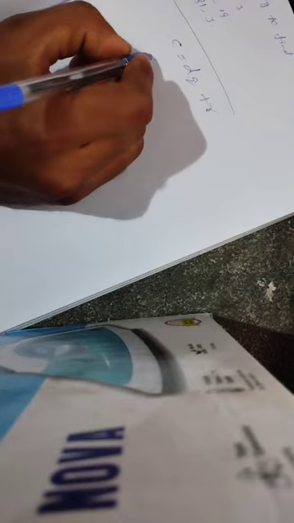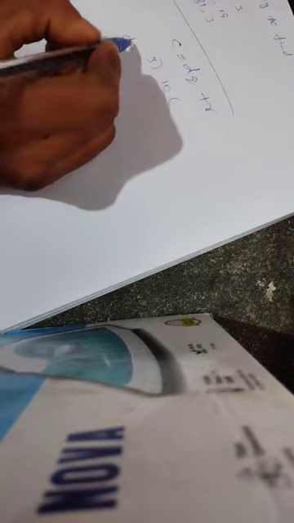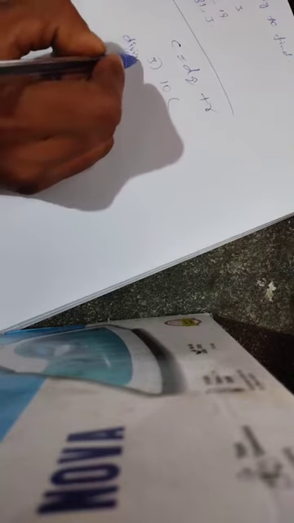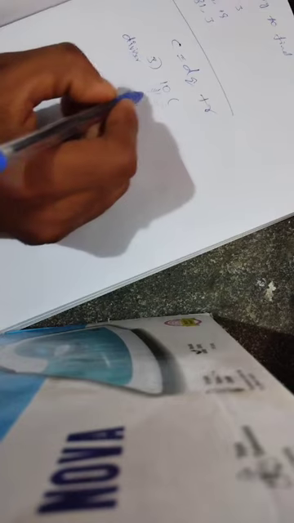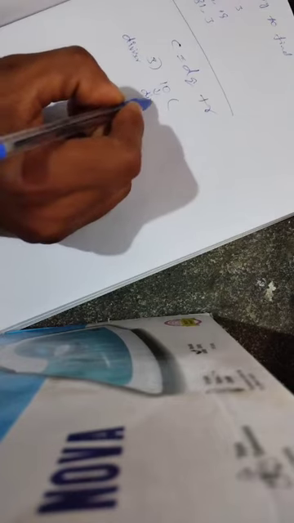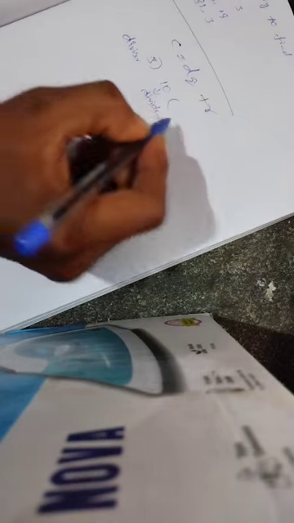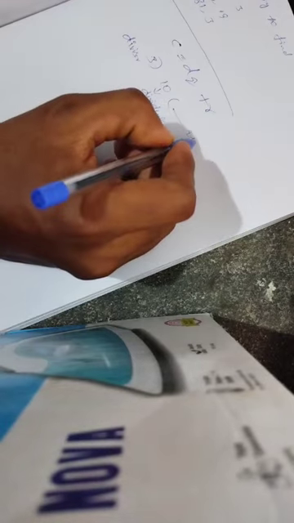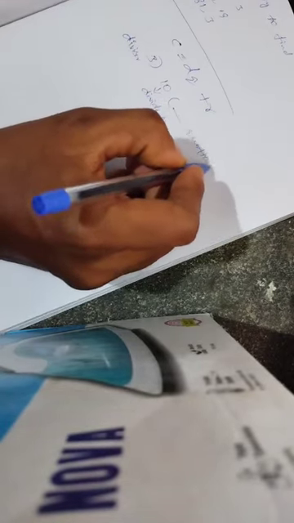As we discussed, C is equal to DQ plus R. If you remember the normal division method, for example, if you want to divide 10 by 3, here 3 is called the divisor, where 10 is called the dividend, and this part is called the quotient.